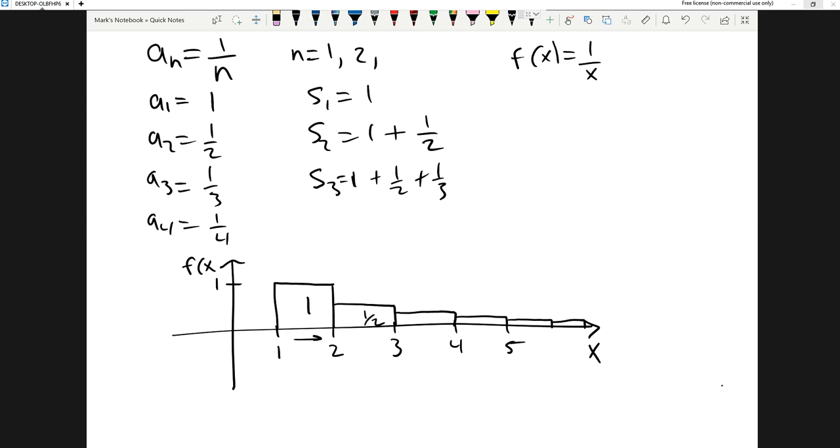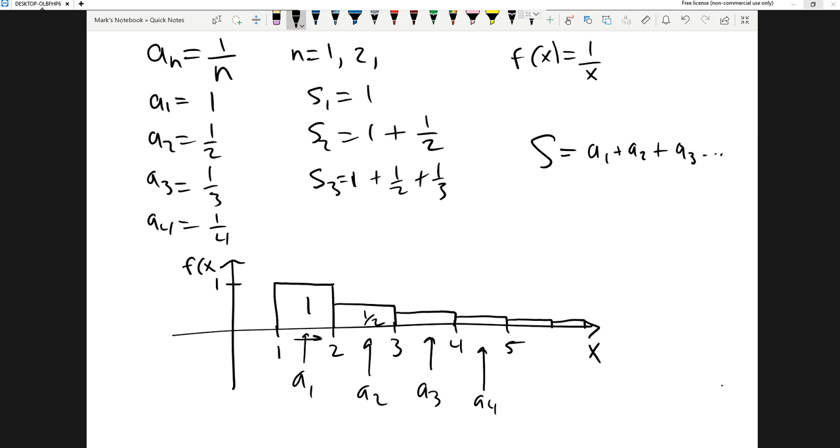All right, so each of those little rectangles represents a given term. And so we've got a rectangle for a1, we've got one for a2, for a3, and a4, and so on. And that means that the series, the sum of a1 plus a2 plus a3 on down the line, would just be the total area of all of the rectangles.